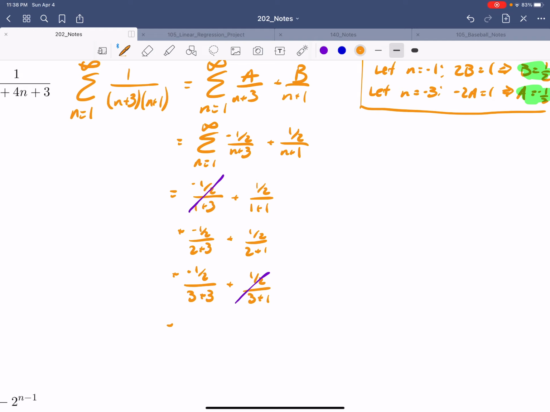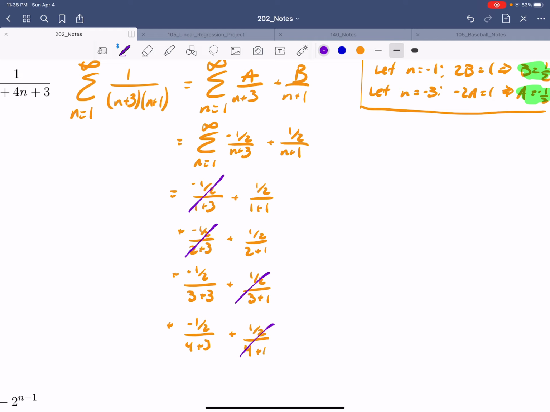Maybe let's do one more to see the pattern. Negative 1 half over 4 plus 3 plus 1 half over 4 plus 1. You say, oh, wait a minute, it's canceling out this guy.